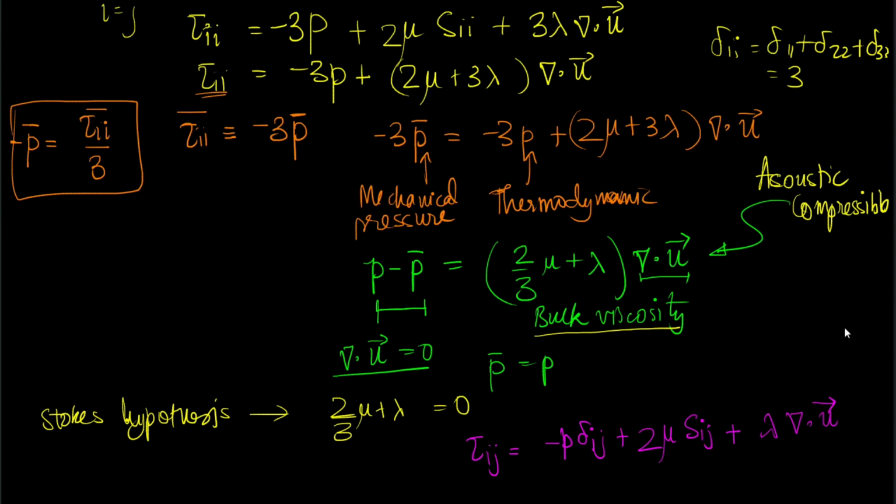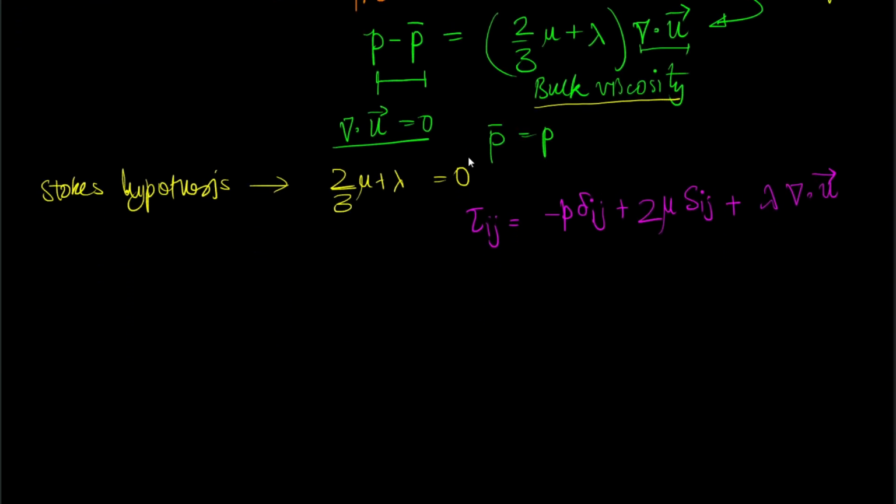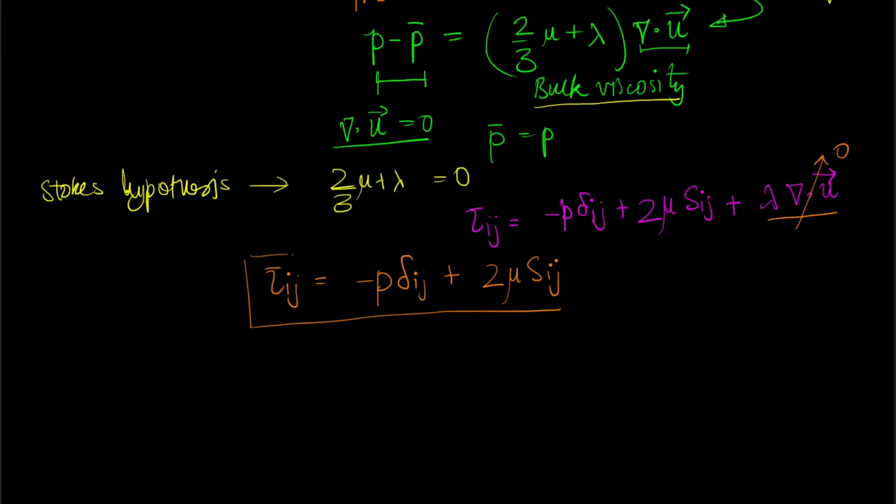We can substitute the pressure from the previous terms over here, but in fact in this particular course, because it's a basic level course, we're going to consider incompressible flows. This term vanishes, in which case the stress tensor is going to be minus p delta ij plus 2 mu sij. This is the form of the stress tensor.